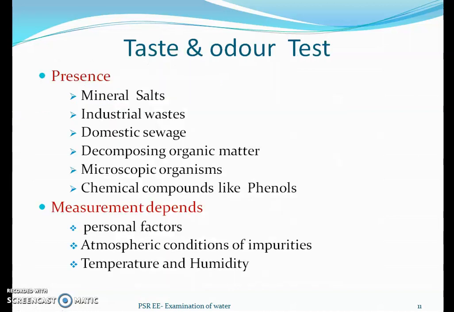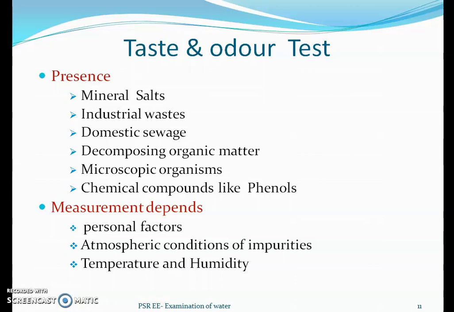Let us see the taste and odor tests. This test is done basically to find out the taste and the odor. Taste and odor are due to the presence of minerals, salts, and industrial waste. Sometimes these can give both taste and odor, and a few minerals will give taste, not odor.